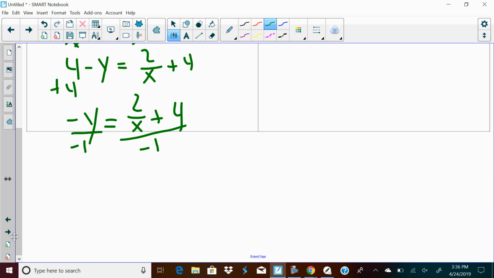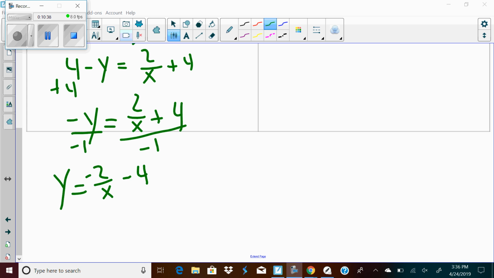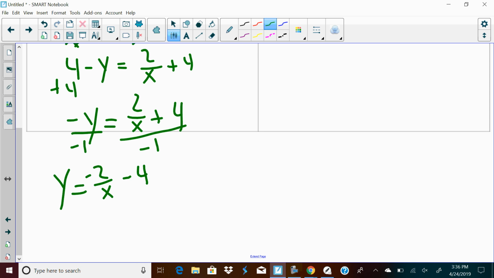So I'm going to get my final answer, y equals, and you could either write it as negative 2 over x minus 4. Oh, you know what? I made an error. This should have been minus 4. So this makes this a negative 4. So it makes it a plus 4. So negative 2 over x plus 4, or I could say y equals 4 minus 2 over x.